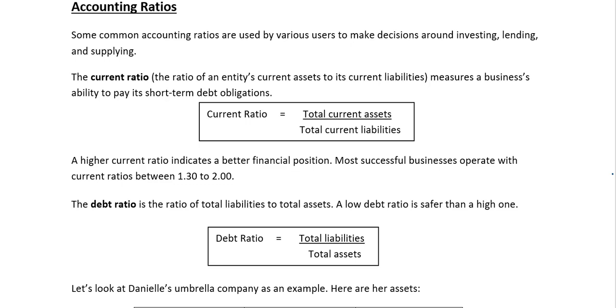So current ratio, you see the formula over here. It's total current assets divided by total current liabilities. A higher current ratio indicates a better financial position. Most successful businesses operate with current ratios between 1.3 and 2.